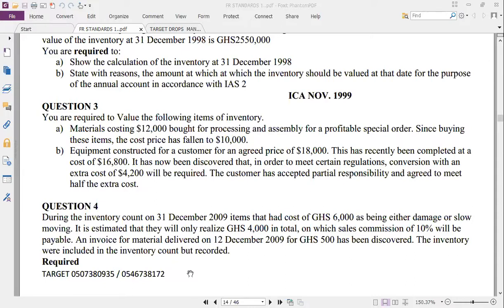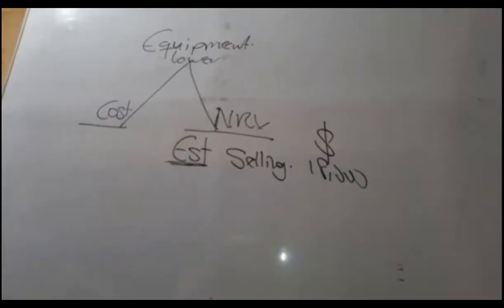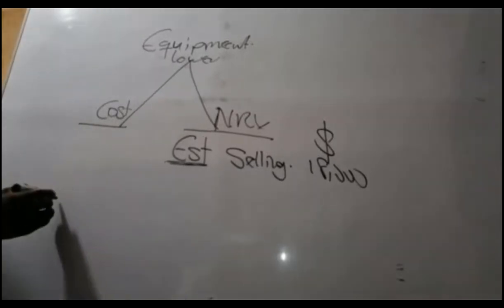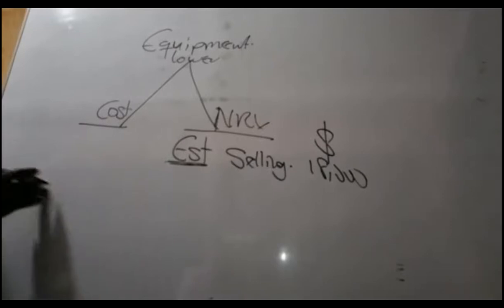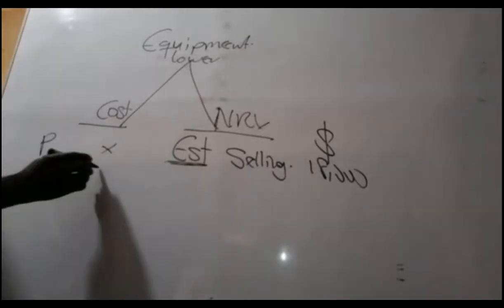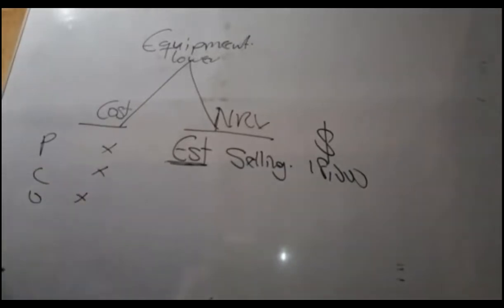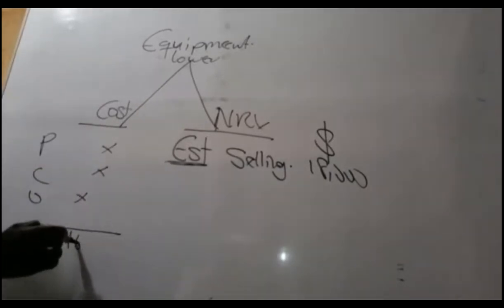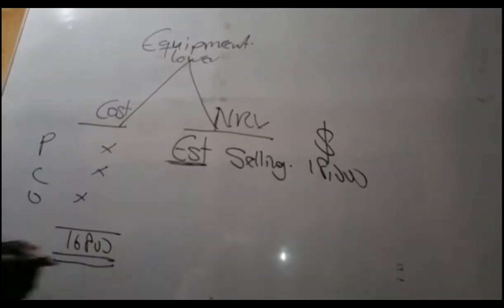So that one becomes what? It has been completed, so that's the total cost. So completed cost means putting the purchase price, conversion cost, and any other cost together. The completed cost is 16,800. That is it.